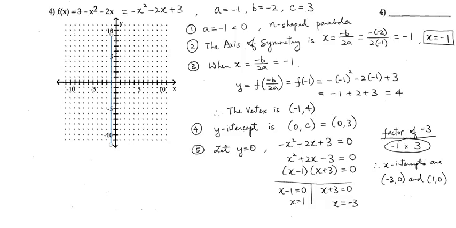And so make a vertical line. Make sure you have a straight edge. It would be nice to bring a ruler. And we have x equals negative 1. And one side of this axis of symmetry would be exactly symmetrical to the other side.